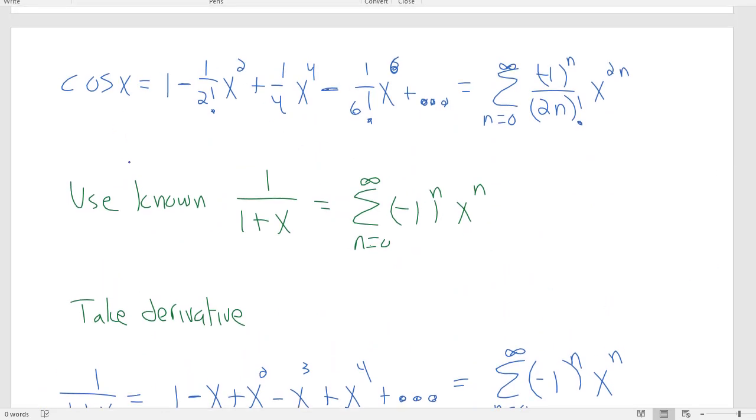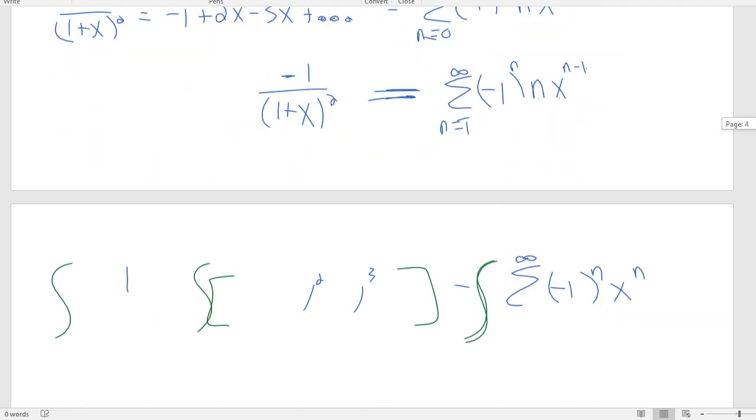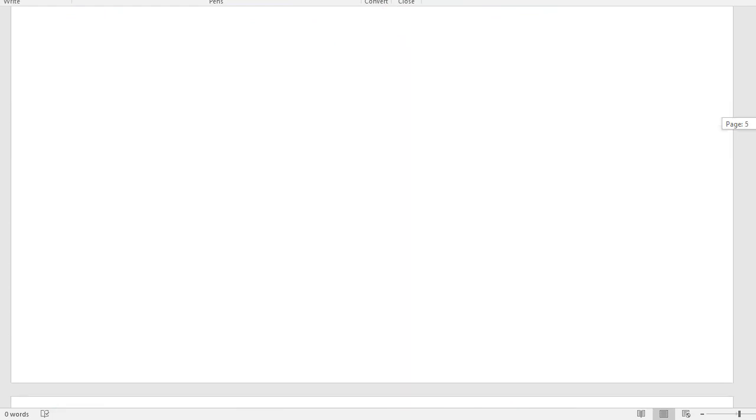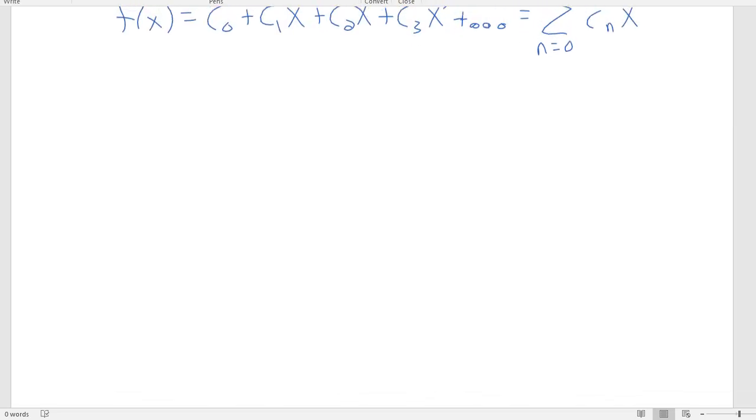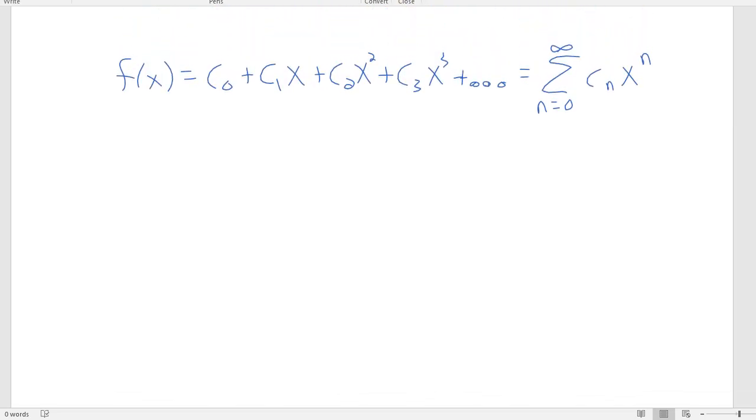When I look at the cosine series, its c sub n's are negative 1 to the n over 2n factorial. So each function has coefficients times powers of x, and that's really what this generic version is saying to us. Every function has a power series representation, and in general, this is what it looks like.